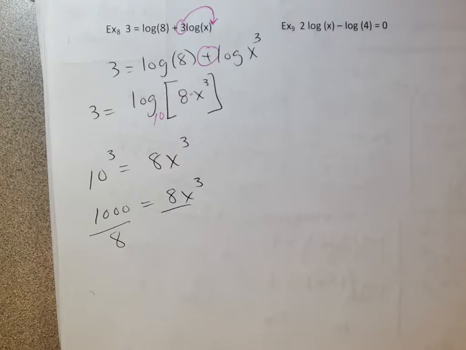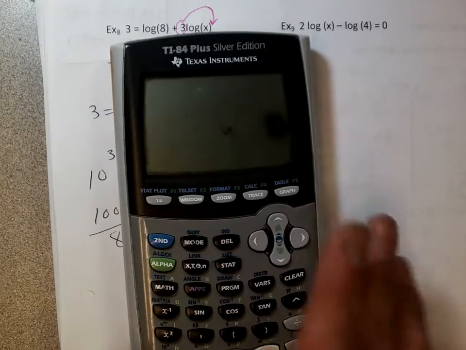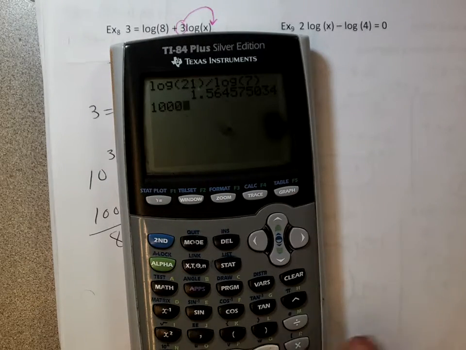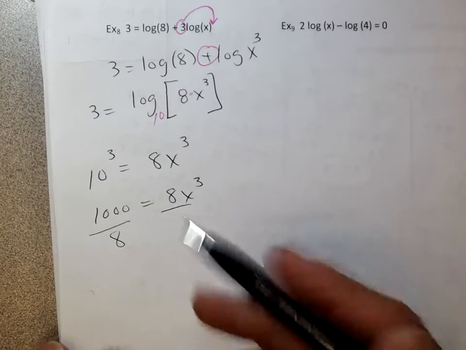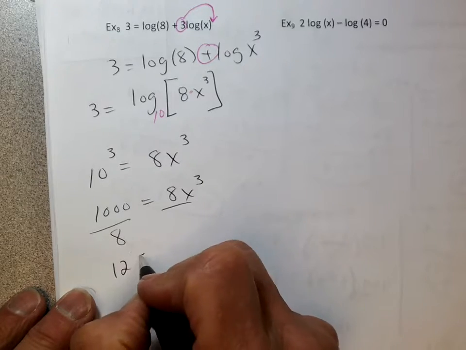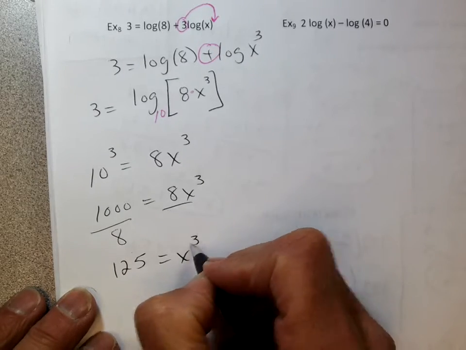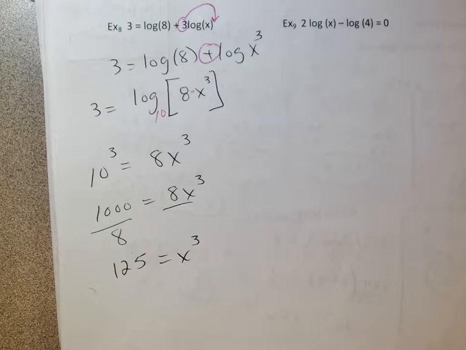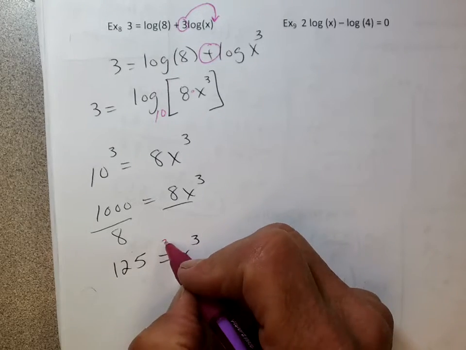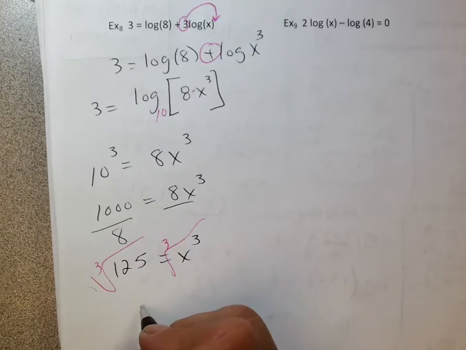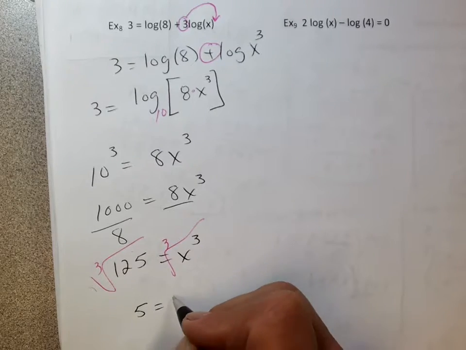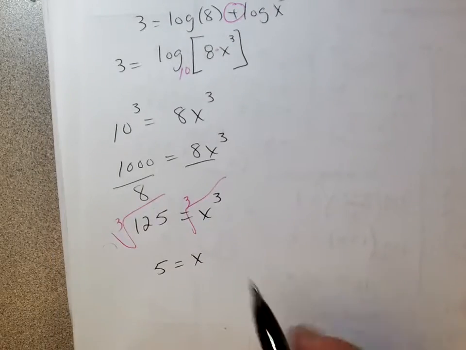You're probably not going to see that, so you're probably going to say, well, what is 1,000 divided by 8? And you're going to get 125. So 125 equals x cubed. And then we're just going to cube root it, and I get 5. Cube root of 125 is 5.